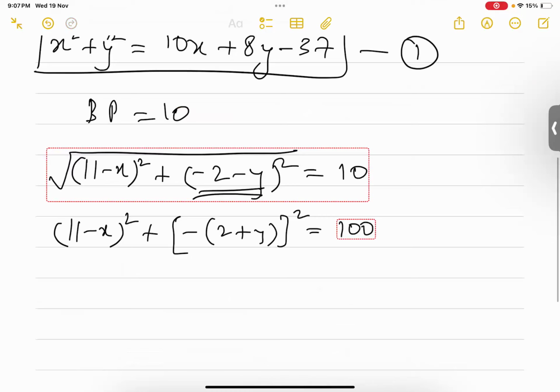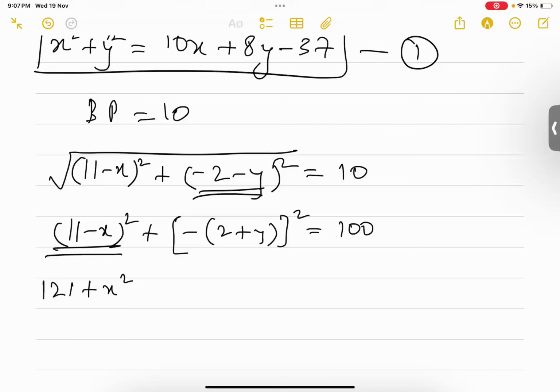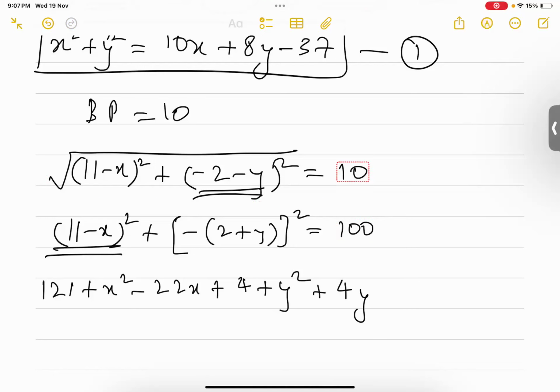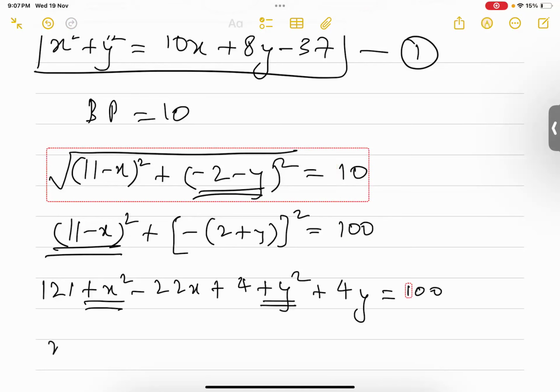So expand this: 121 plus x square minus 22x, and minus square is always positive, 4 plus y square plus 4y equal to 100. Again, I'm going to keep the x square plus y square terms on the left hand side.